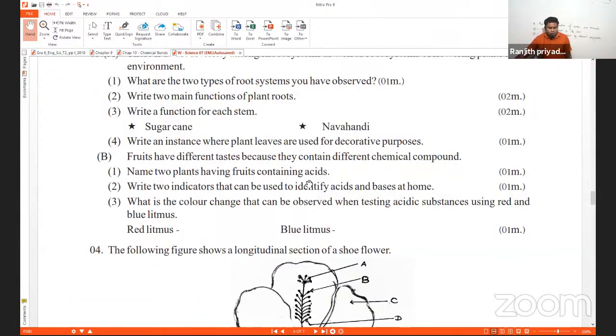Tomato is a fruit. Although in our country it is used as a vegetable, it is a fruit. That is the general meaning of fruit, the fruits that we eat. Otherwise every one of them is a fruit. So all are fruits, let's consider it like this.